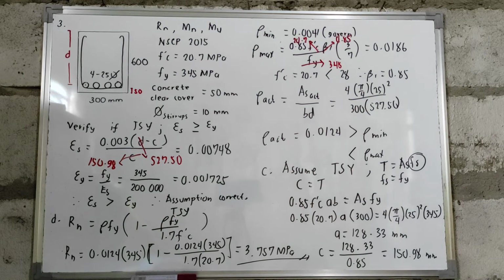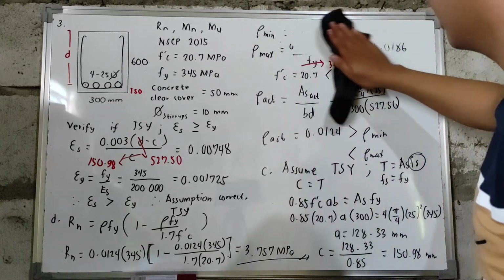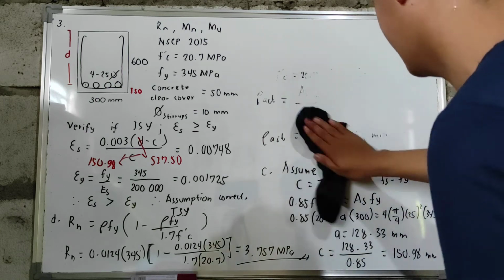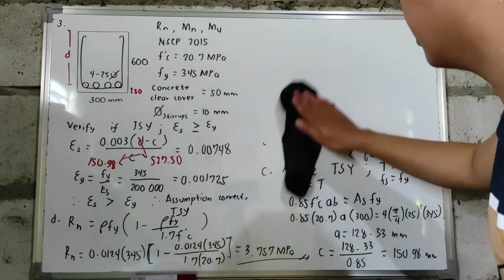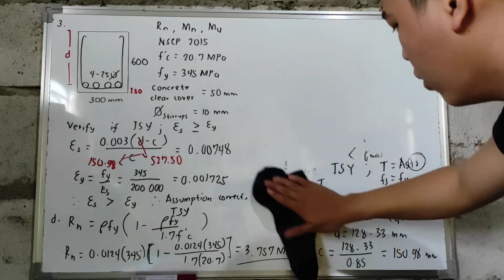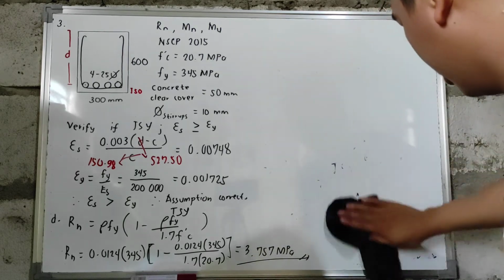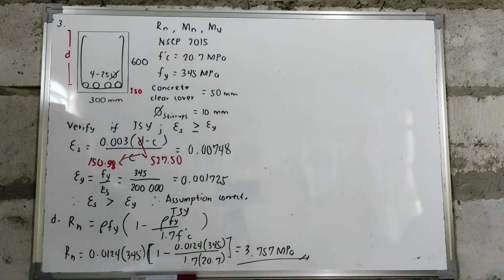So after computing for the value of your nominal resistance, hanapin naman natin yung nominal moment natin. Sir, paano po natin kukunin yung nominal moment natin? It depends kung gagamitin mo is yung C or gagamitin mo naman is yung T natin.